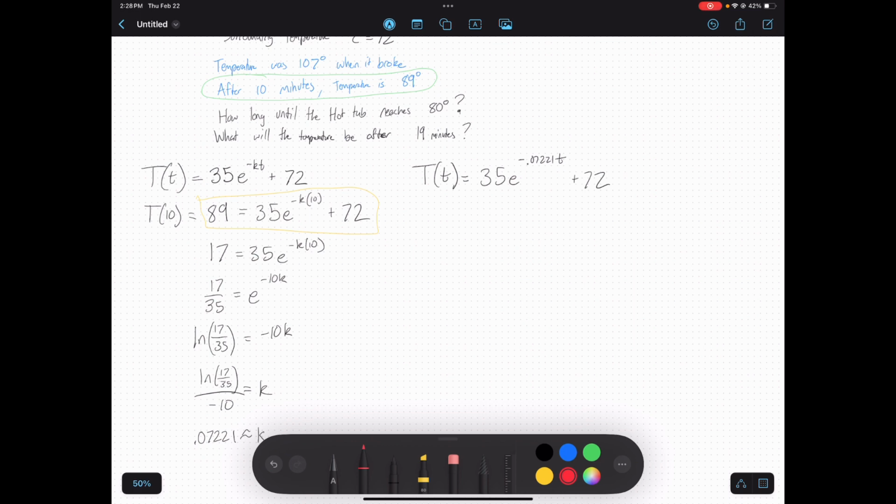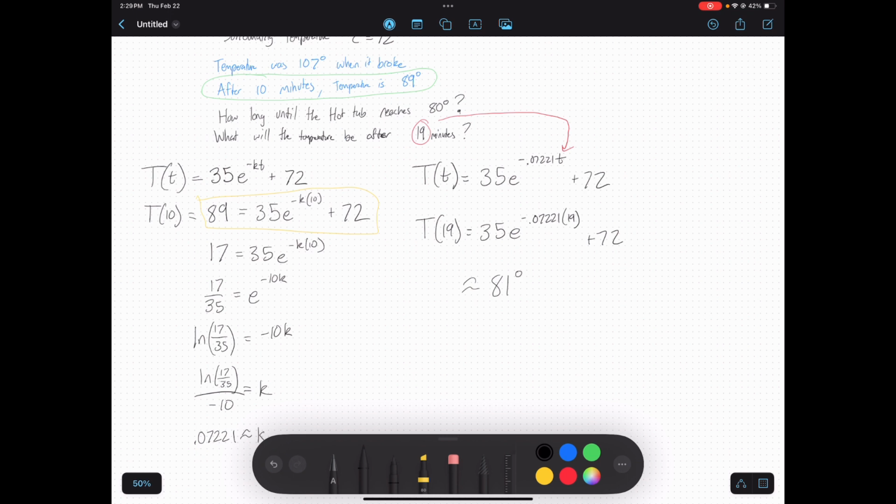Where does that 19 go? That's a time value. So I'm going to just plug it in for t. Okay, all that's asking is what's t of 19? I get 35 e to the negative 0.07221 times 19 plus 72. Throw that into my calculator, and I get about 81 degrees.